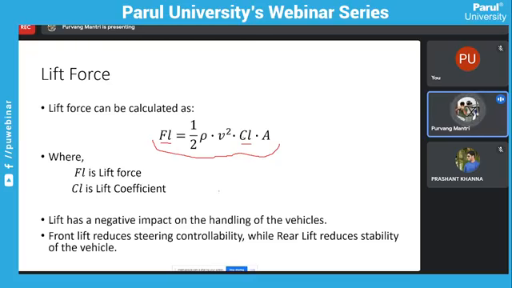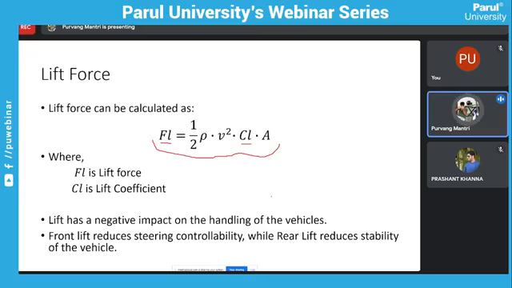As I said, we have seen Formula One cars fly, but that was 5 years back. The current generation of Formula One cars are highly efficient in terms of downforce. If the lift on the front wheels increases, the air is going to pick the vehicle up from the front end, and the weight on the front wheels is going to reduce.